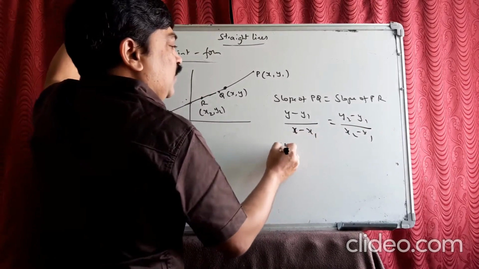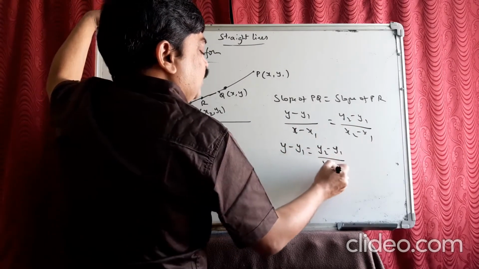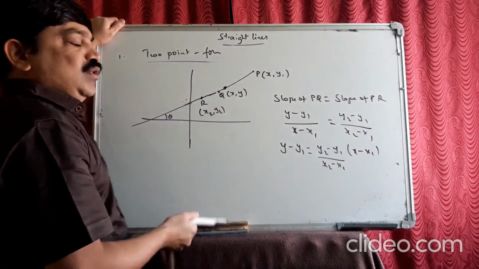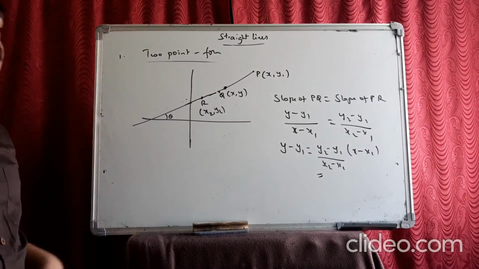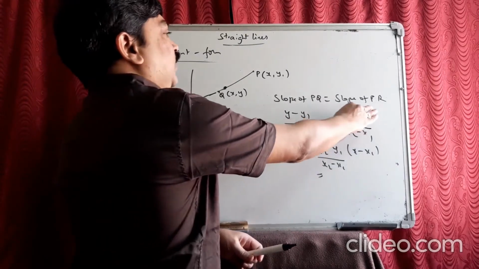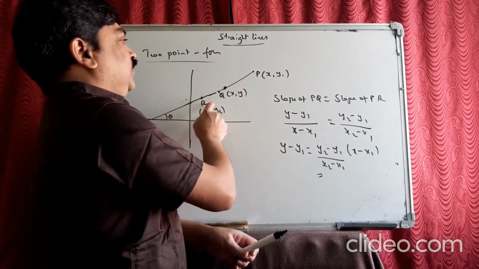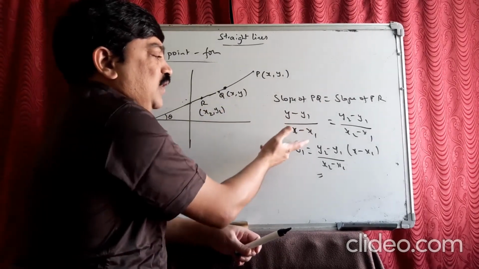So when you cross multiply, what happens? y minus y1 is equal to y2 minus y1 by x2 minus x1 into x minus x1. So this is the standard form of the equation of the line when two points are given. You can also take slope of PQ equal to slope of RQ, and you will get the same thing, y minus y2 by x minus x2.